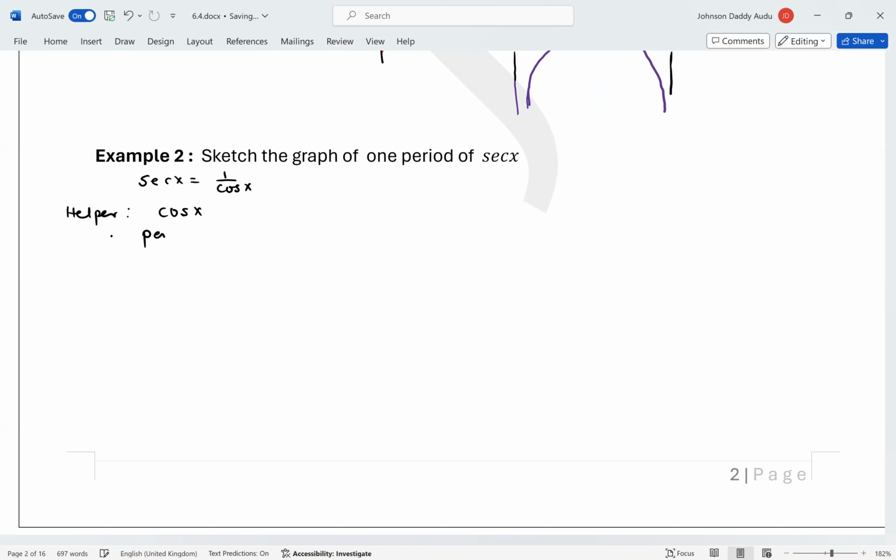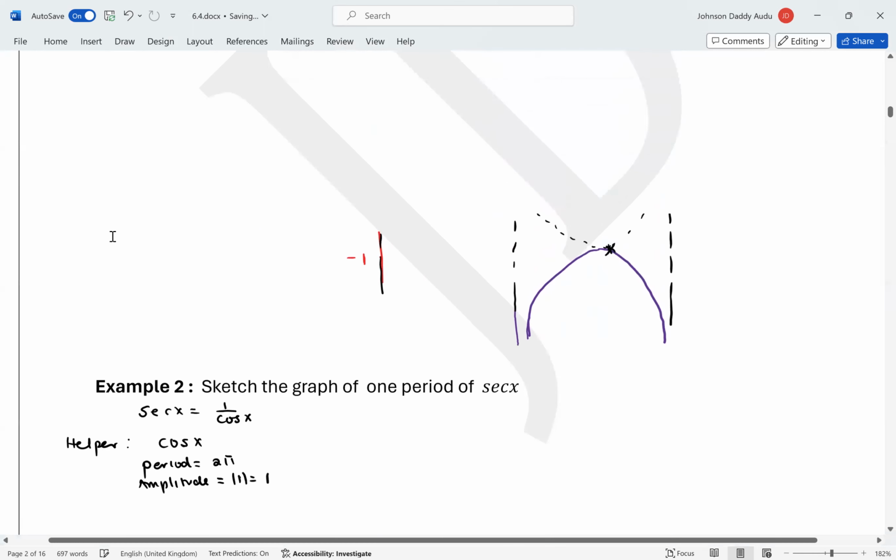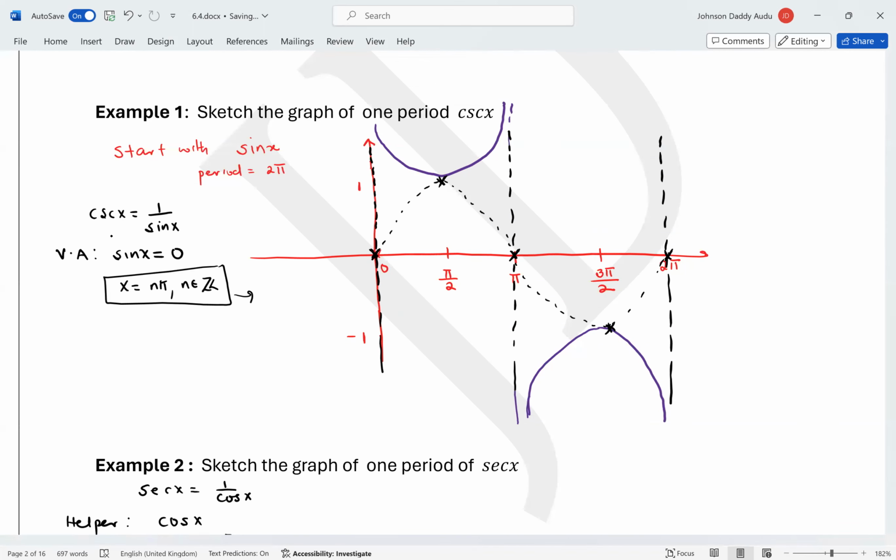For the graph of cosine x, we know that the period is still 2 pi, and the amplitude is still 1 in this case, which is similar to the first example.